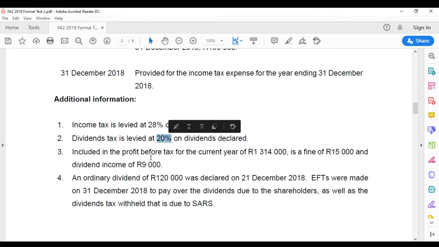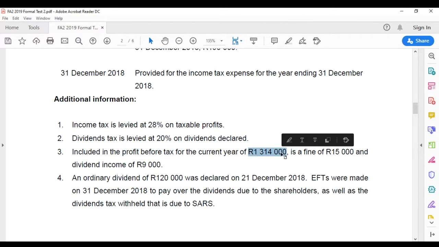Dividends tax is levied at 20%. Like we say, we've already done that calculation. We've done that entry, the correcting entry. Then they tell us here, included in the profit before tax for the current year of 1,314,000. So that means our profit before tax, you can maybe make a little note if you've got a pen and paper ready there, for the current year is 1,314,000 rands.